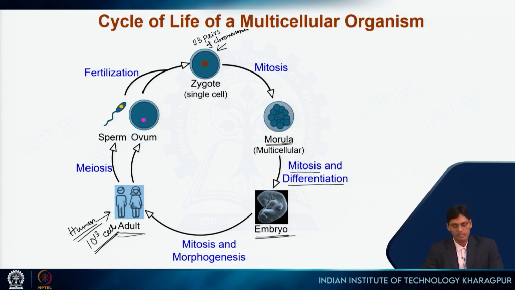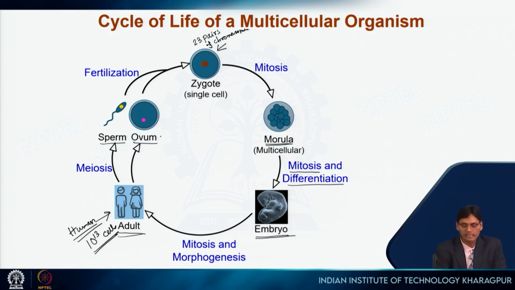Now in the adult, meiosis is also going on, and because of meiosis some specialized cells, germ cells, will form sperm in the male individual and ovum in the female individual, and finally after fertilization again we will have the zygote.